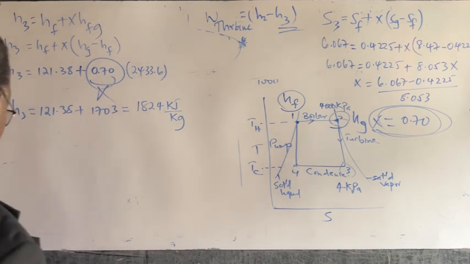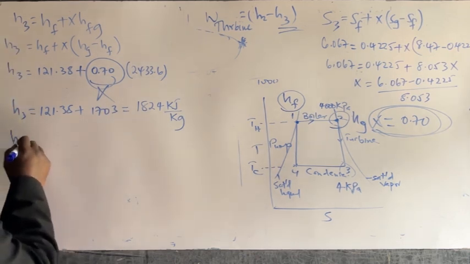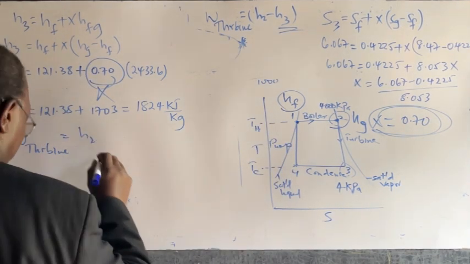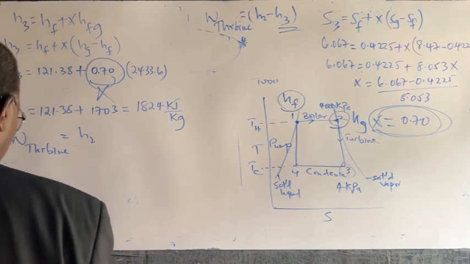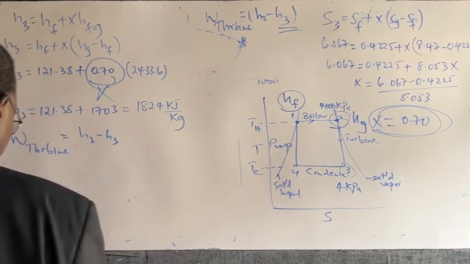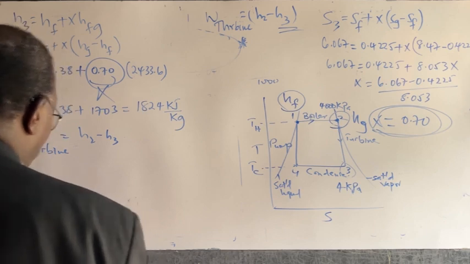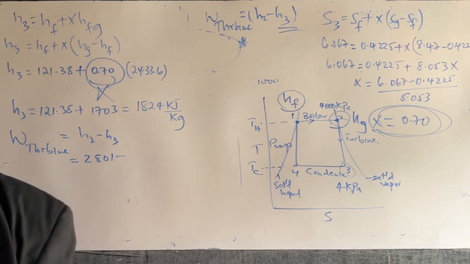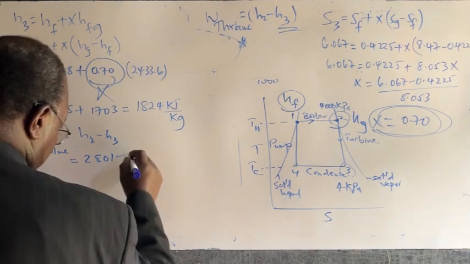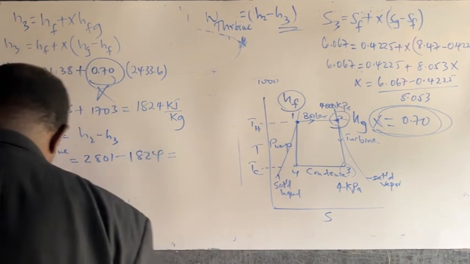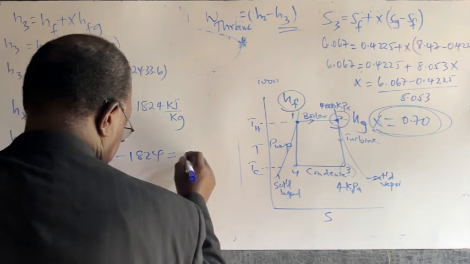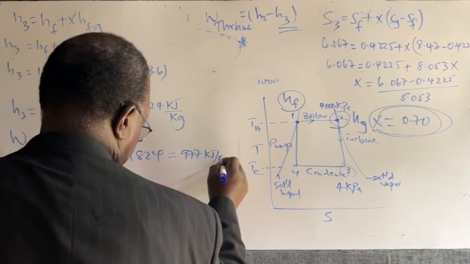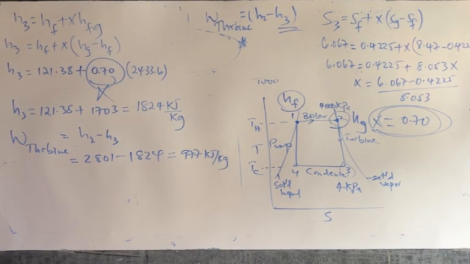Therefore, for the turbine now we know what it is. So W for the turbine, which is simply H2 minus H3, is now equal to the earlier value which we got, 2801 minus 1824, the value which you have just gotten, and that gives us 977 kilojoules per kilogram. That'll be for the turbine.